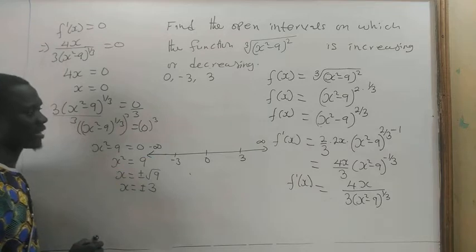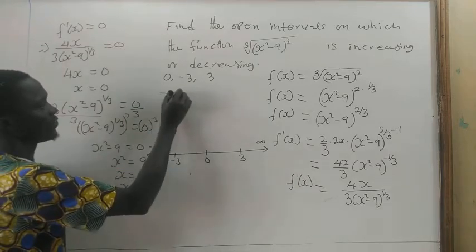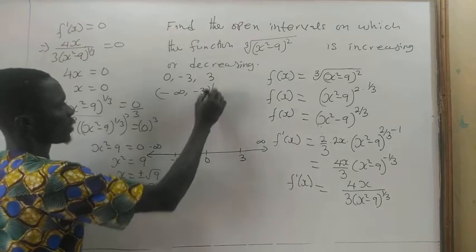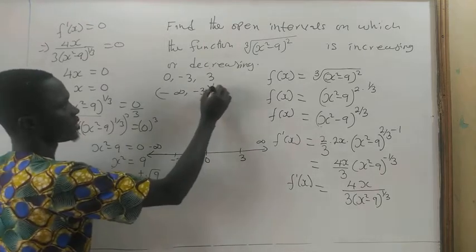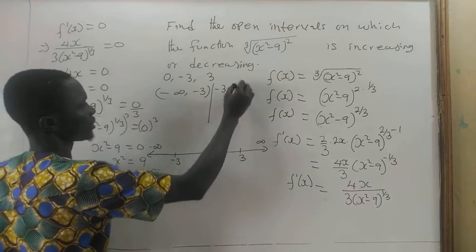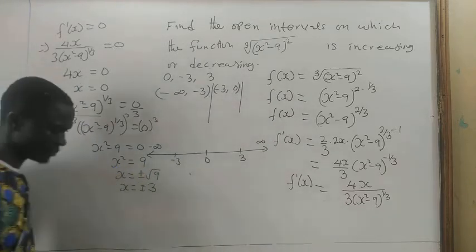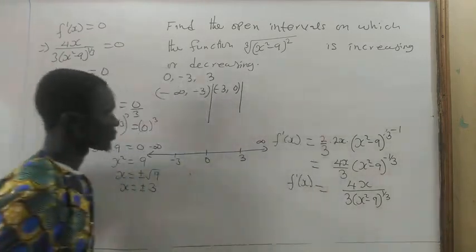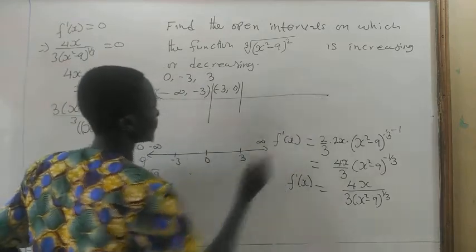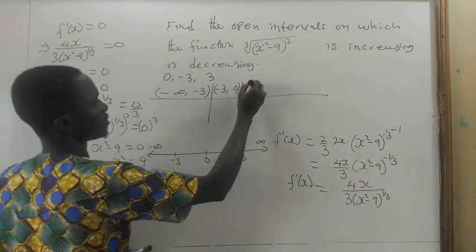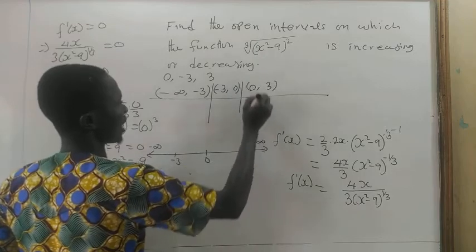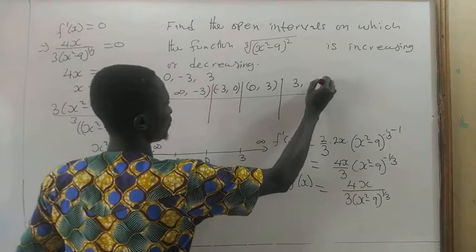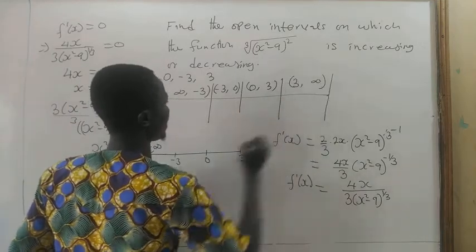So our intervals are negative infinity to negative 3 as one interval, then negative 3 to 0 as another interval, then 0 to positive 3 as another interval, and 3 to infinity as another interval.